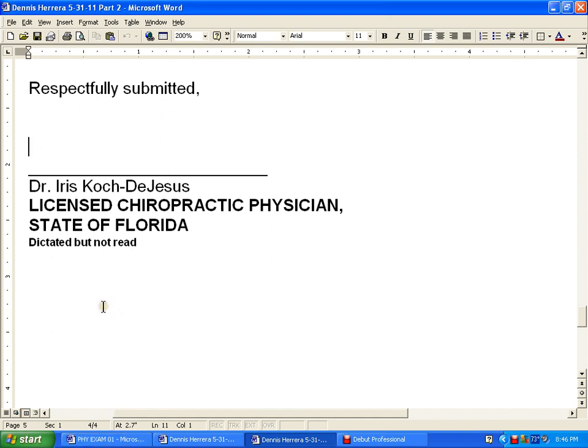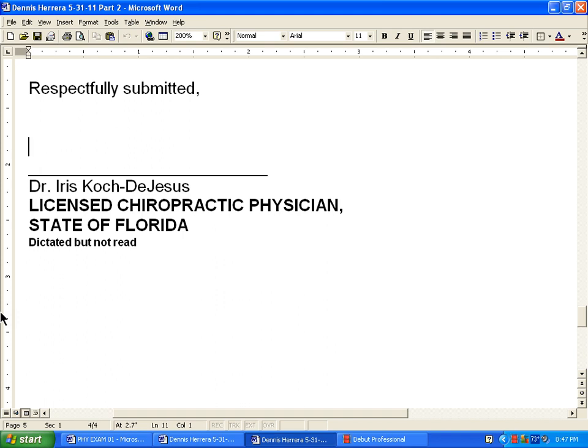And then at the bottom, where it has the doctor's name, signature, the only doctor we ever put in there is Dr. Iris Koch dash DEJESUS. That's her name. You never put anybody else's name in there. That's the only doctor she wants her name on there.